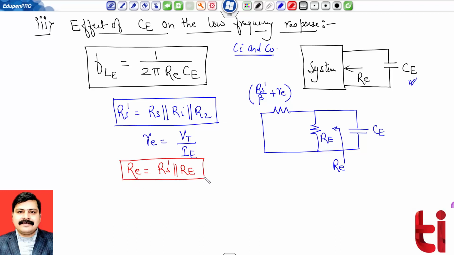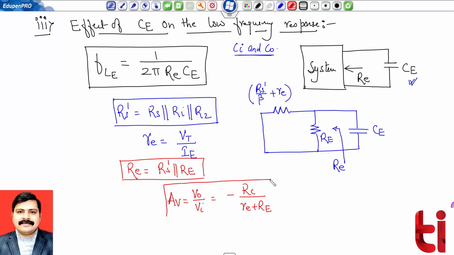So that is my Re. So you can put this value Re over here, and the voltage gain can be calculated as simply output voltage upon input voltage in this situation, and it will turn as minus Rc upon Re plus emitter resistance Re.